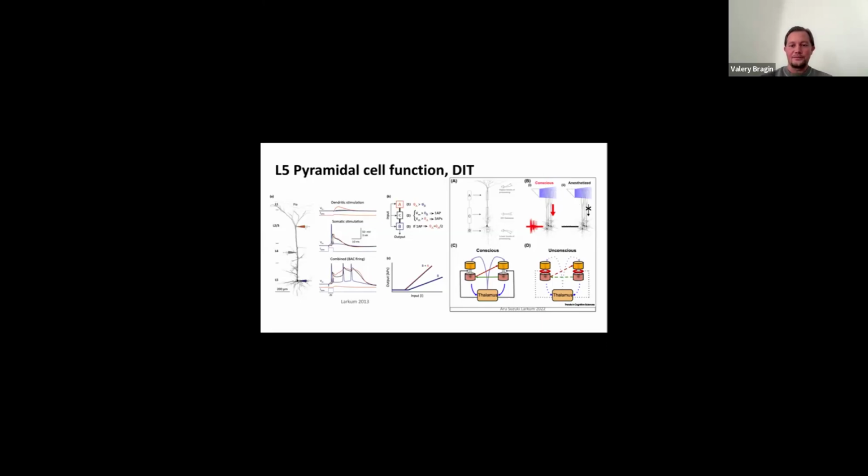So the top-down apical input no longer amplifies somatic firing the way it does in the awake state. Feedforward, bottom-up processing may continue to some extent, but this integrative mechanism of the layer 5 cell is disrupted. And this actually is the mechanism which DIT links to conscious processing.